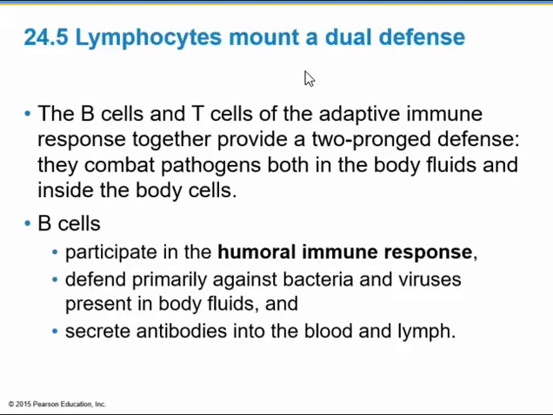So B cells and T cells provide a two-pronged attack. B cells participate in the humoral immune response, which protects you against bacteria and viruses found in body fluids, blood and lymphatic fluid or interstitial fluid. And they also secrete antibodies at the same time.